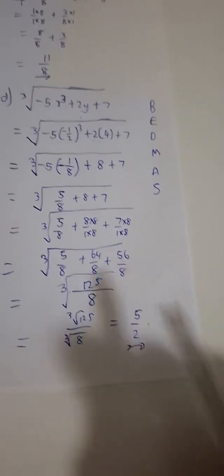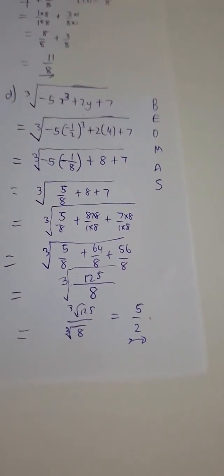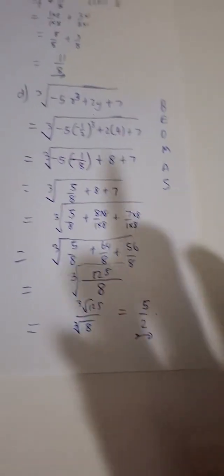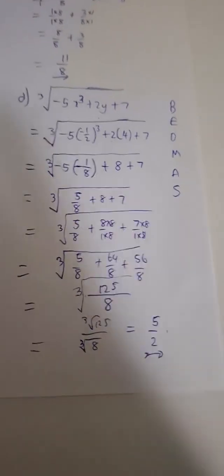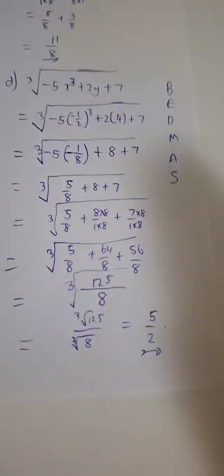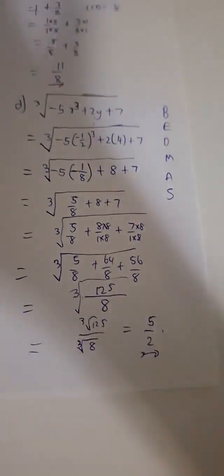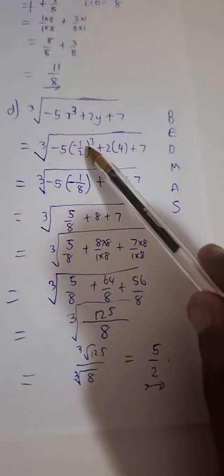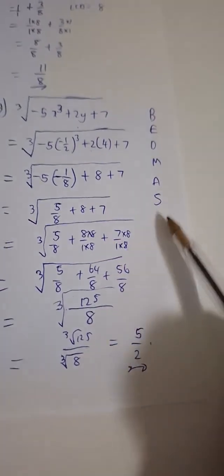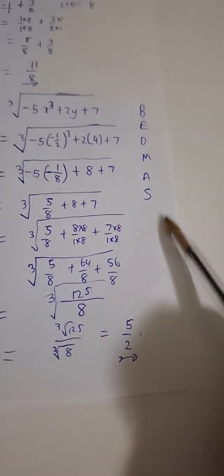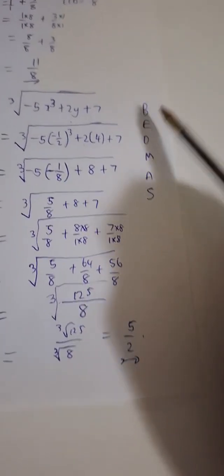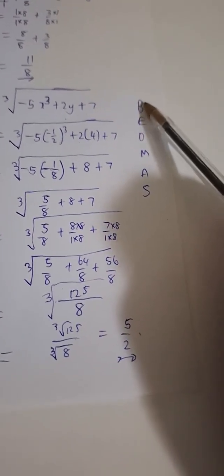Okay, so I hope you can see, guys, step by step how we are able to answer these questions that have to do with substitution of a particular number. The simplification of what we have relies very heavily on our understanding of BEDMAS.